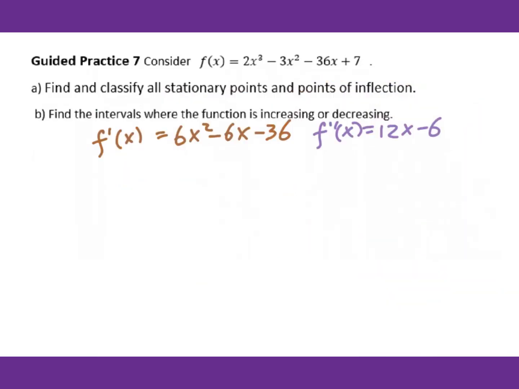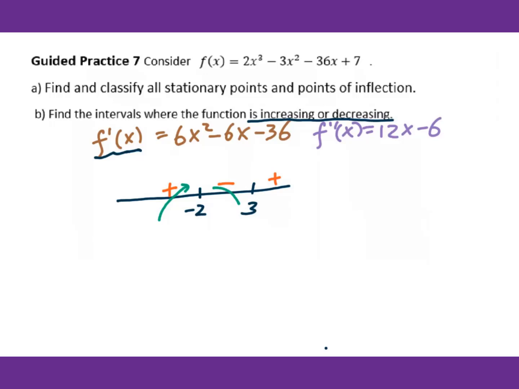Now let's go to B. Find the intervals where the function is increasing or decreasing. We need to draw the sign diagram for the first derivative. Basically, we already did that when we were working on A. So we have negative 2 and 3. Then this is positive, negative, positive. In other words, this is increasing, decreasing, increasing.